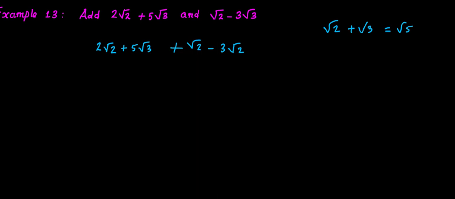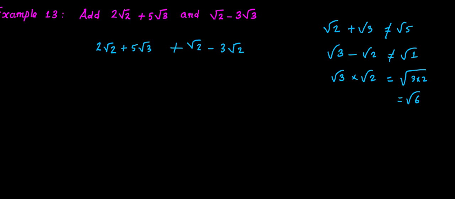We can't write like this. Root 2 plus root 3 is not equal to root 5, and root 3 minus root 2 is also not equal to root 1. These are wrong. But if it is root 3 into root 2, we can write root of 3 into 2 equal to root 6. So multiplication is possible.